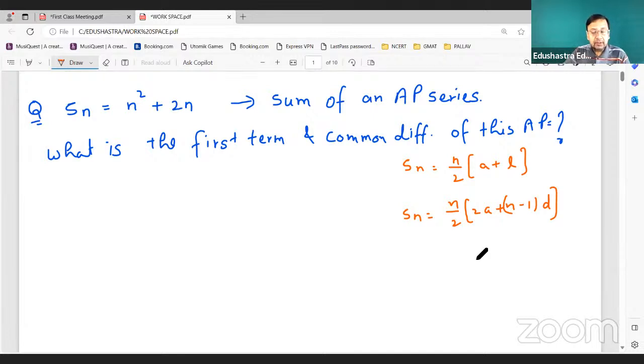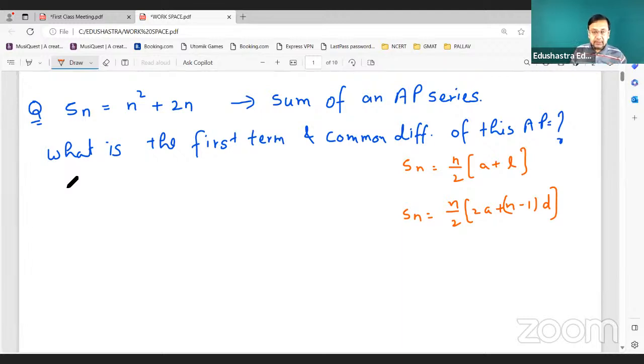Little long, right? Little tidy. Okay, what to do now? So this is giving me a sum of n terms. If the sum is given, just understand the basic fundamental, right? For an AP series, there must be some number of terms in this series. I'm not talking about what the term is, I'm talking about the number of terms, right?